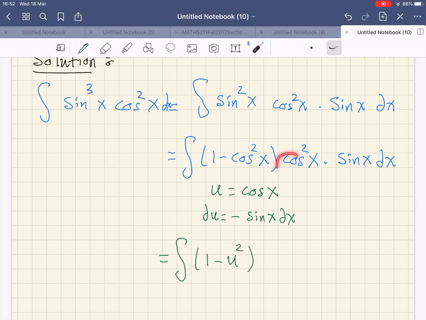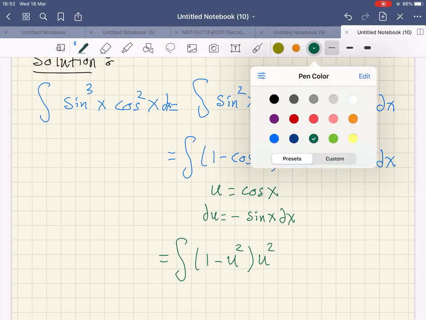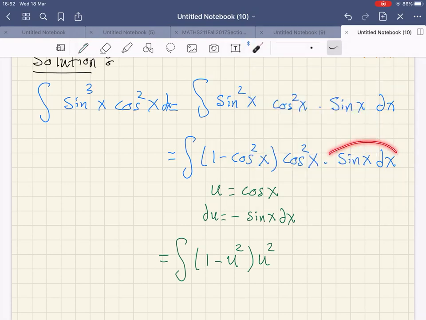Now, instead of cosine squared x here, you write u squared. Instead of sine x dx, I will write negative du. So I will take the negative outside from the beginning, and then this is just du.